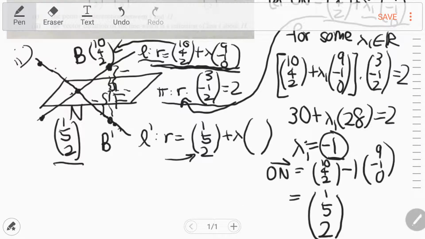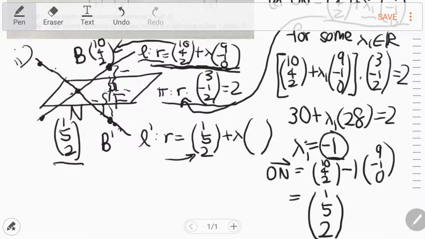I repeat again. F is the foot of perpendicular of B onto the plane, and since the reflected image must be equidistant to the mirror, F must be equidistant between B and B prime. If you stand in front of the mirror, the distance between you and the mirror and your image in the mirror is equal.